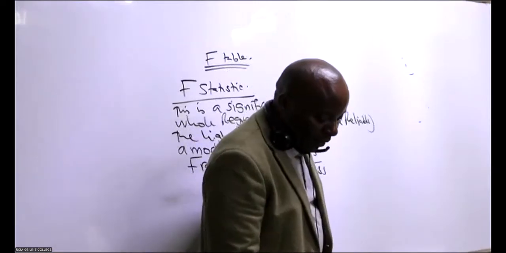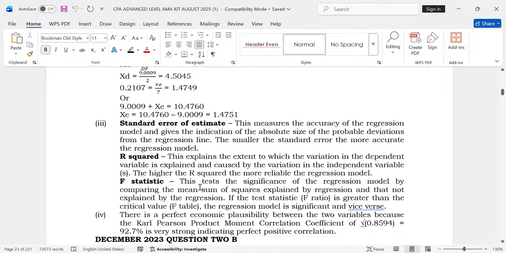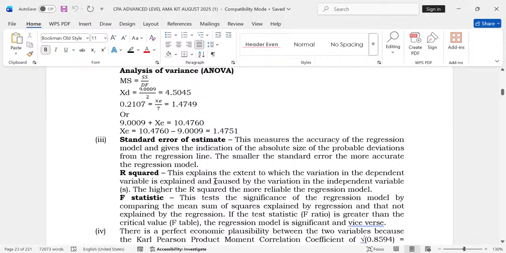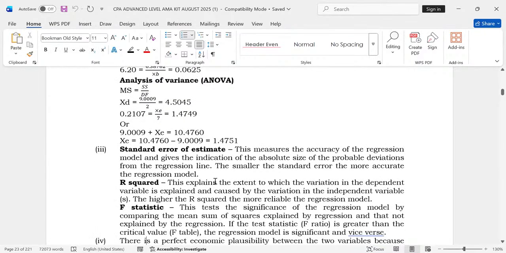And the last part: if the test statistic F ratio is greater than the critical value, the F table, then the regression model is significant, and vice versa. There is another question where I'll demonstrate this concept instead of explaining so many things, which will confuse you.